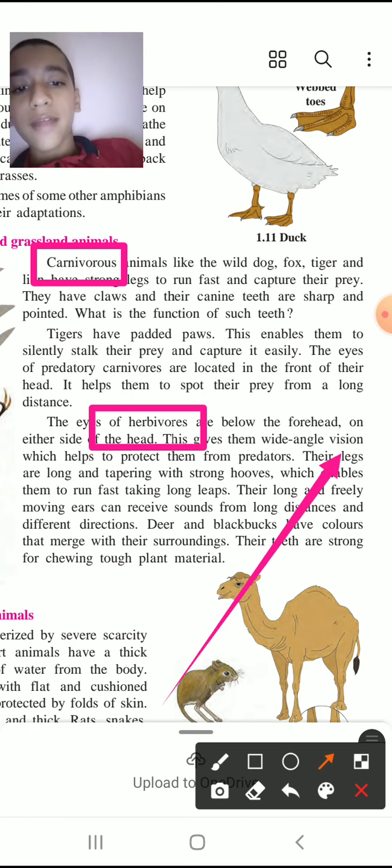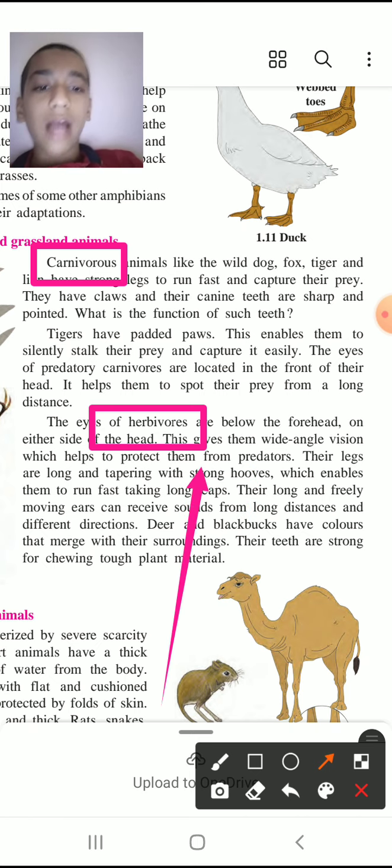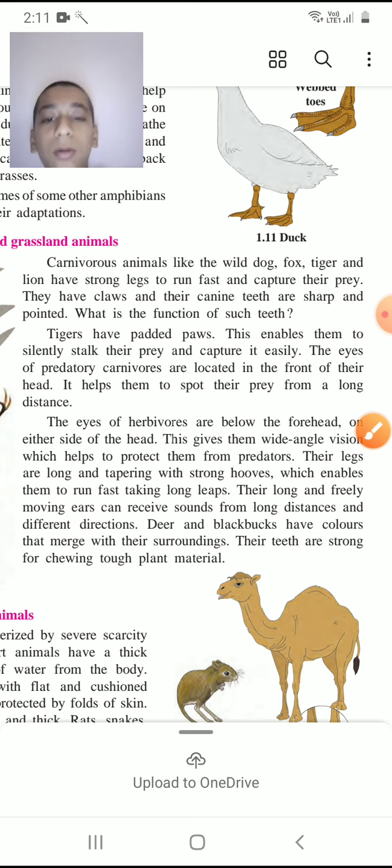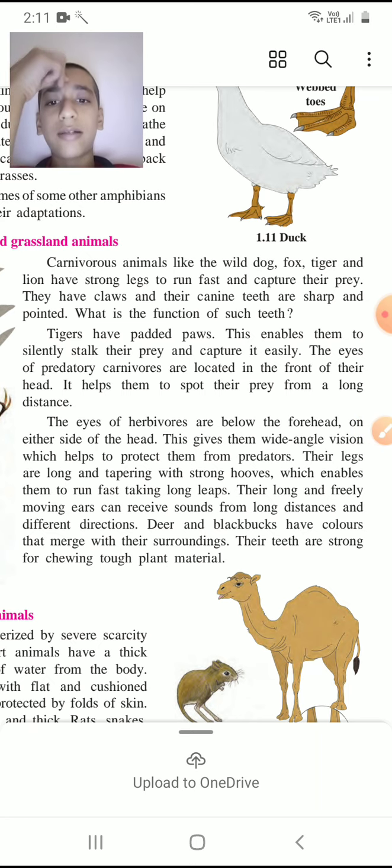This gives them wide angle vision, which helps to protect them from predators. Their legs are long and tapering with strong hooves, which enables them to run fast, taking long leaps.